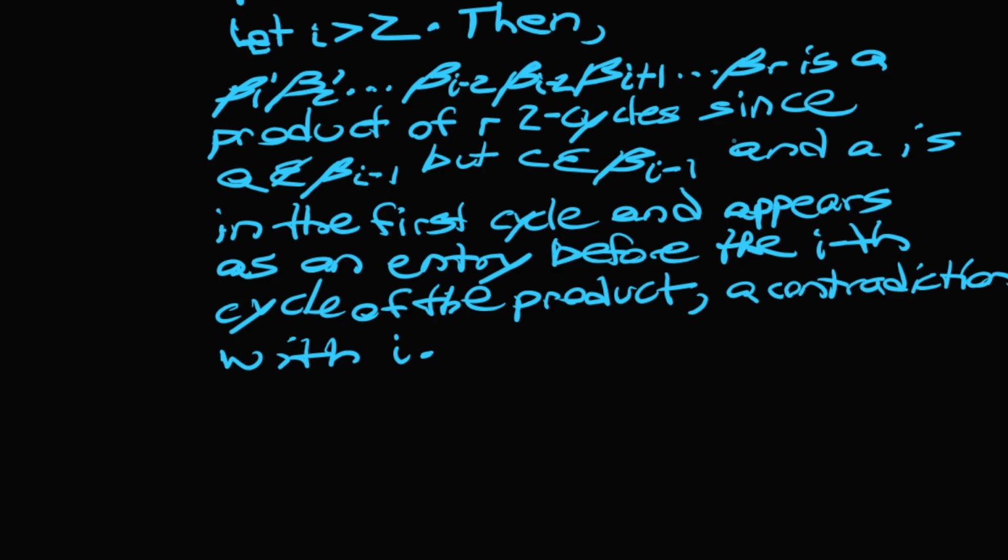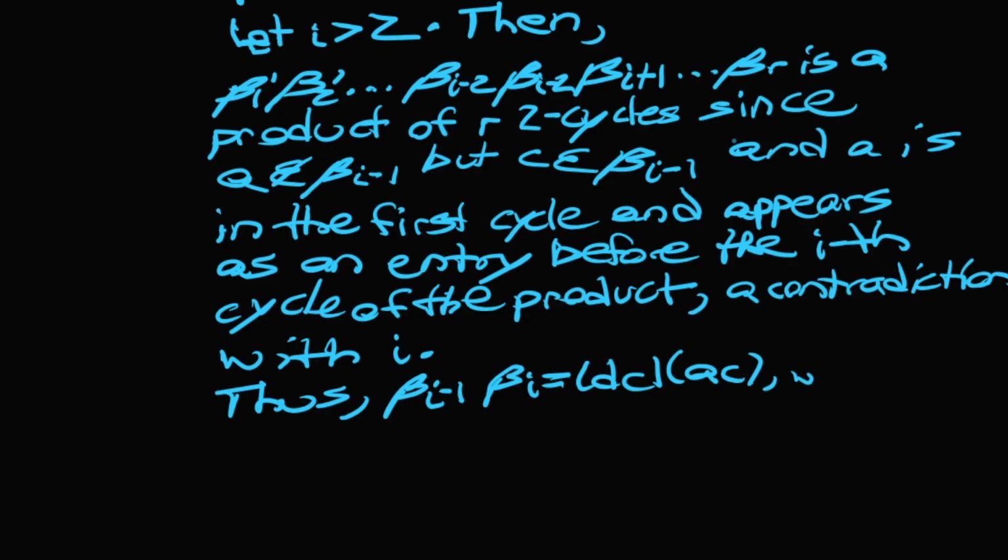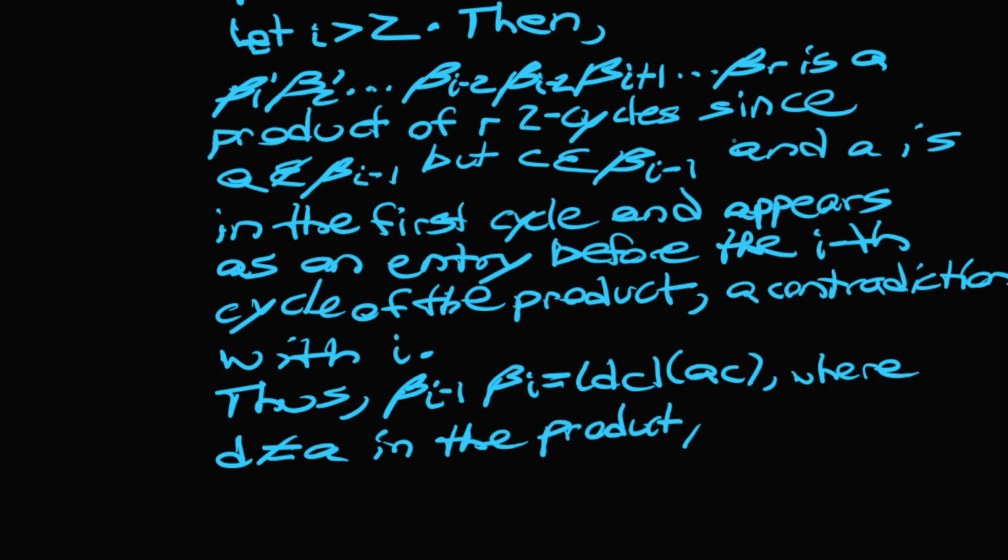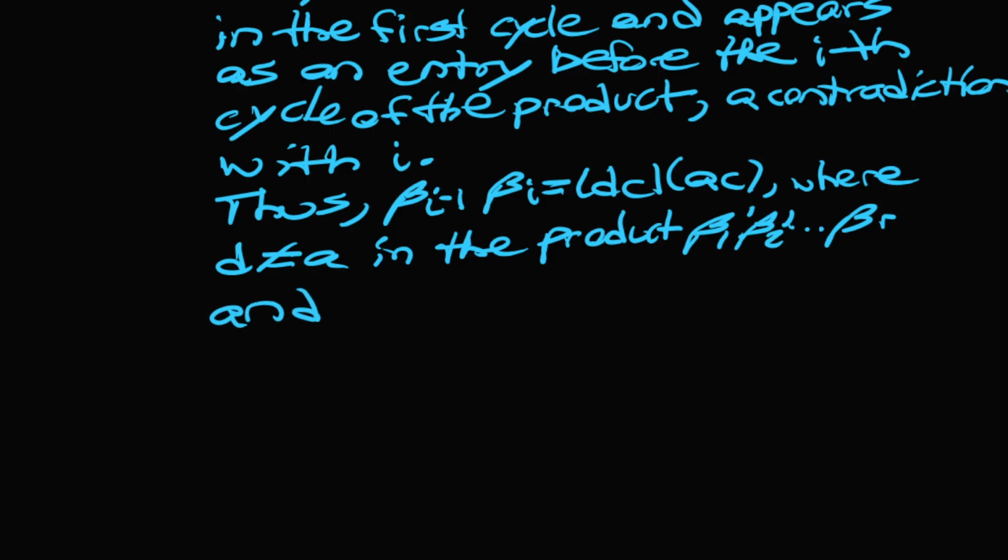Now let's say thus beta I minus 1 beta I equals (D C)(A C), where D does not equal A, in the product beta 1 prime, beta 2 prime, and so on up to beta R, and beta I minus 1 prime, beta I prime equals (A D)(D C).